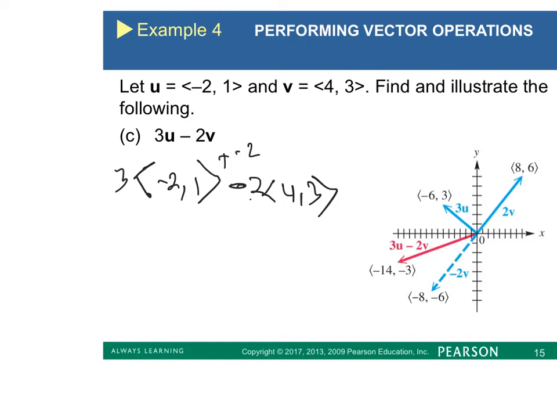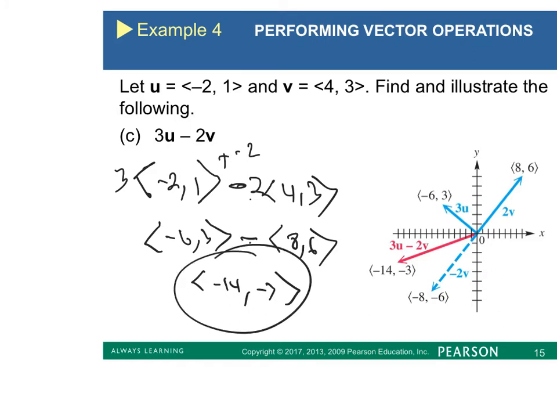You have to multiply the vector by the scalar first. That gives that vector as negative 6, comma 3. And you're subtracting the vector 8, comma 6. And when you subtract a vector, it's adding, you're distributing the negative. Bottom line is the vector is negative 6 minus 8, negative 14, comma 3 minus 6 is negative 3.